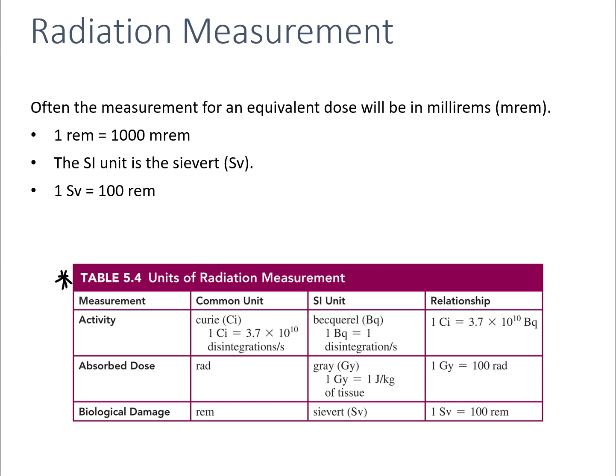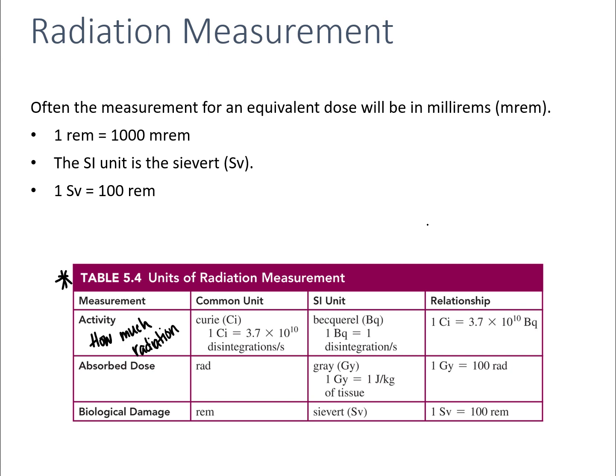So we have activity, which just tells you kind of how much radiation you have. So if you were doing an experiment and you want to use the same amount of radioactive isotope each time, you need to calculate its activity so that you can reproduce that.